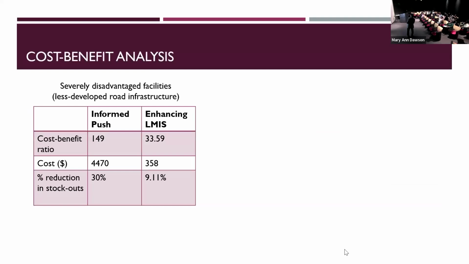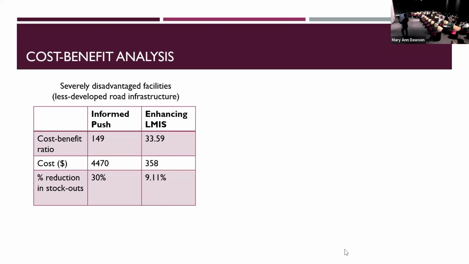So what does this tell us? Let's start with severely disadvantaged facilities. If we just look at this row, the obvious temptation is to say the cost-benefit ratio is lower for enhancing LMIS. So let's just buy a new computer and update LMIS daily rather than going to a new distribution model, right?